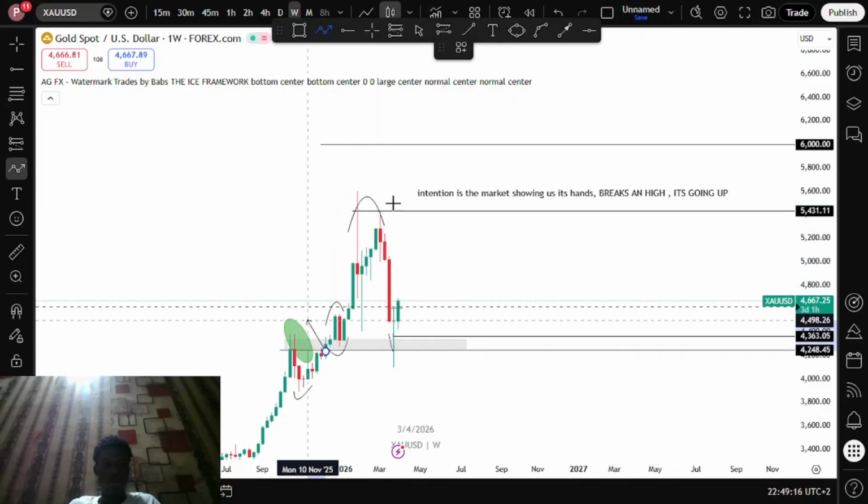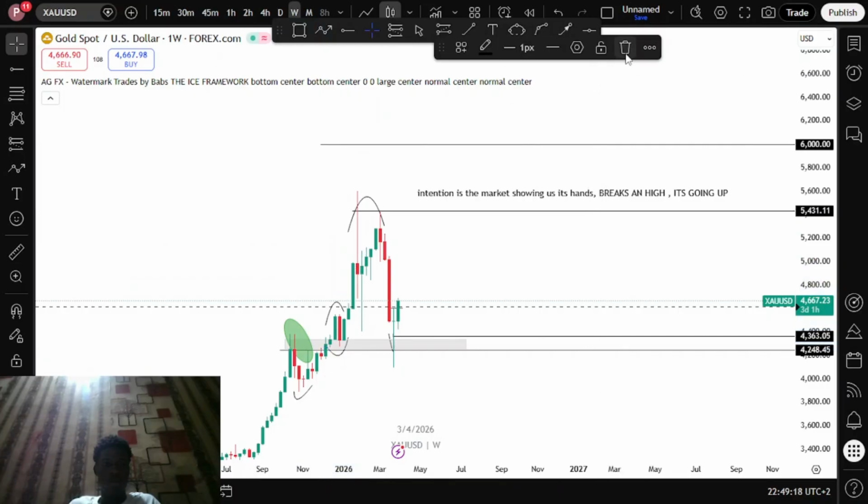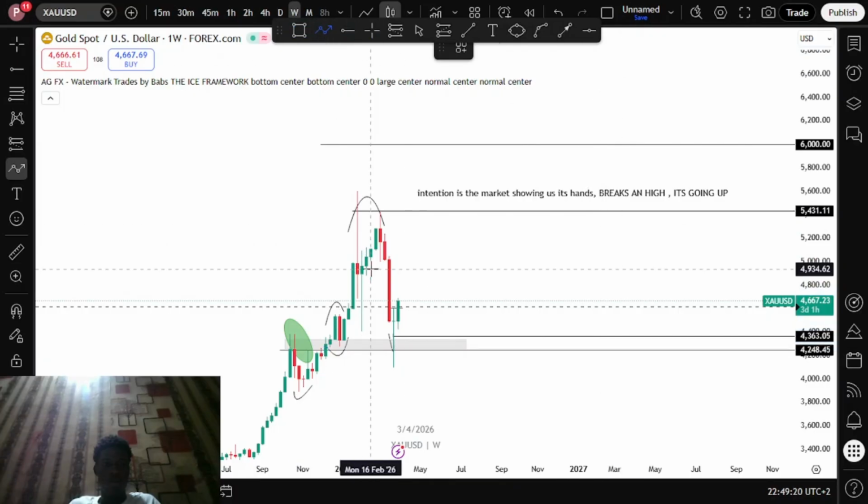And I said this was our intention. This whole move that has been happening here, this is our intention that the market is going up.